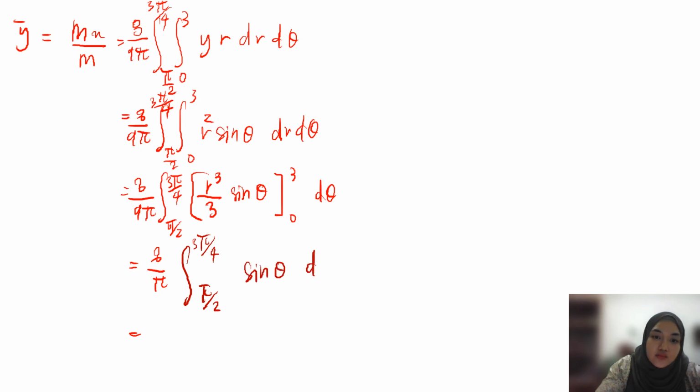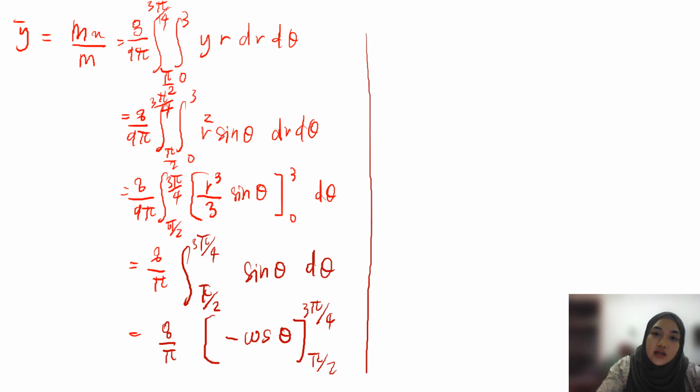Integrate sine theta with respect to theta. After that, you simplify, and that's why you get 8 over pi, negative cos theta, from pi over 2 to 3 pi over 4. Then you have to substitute the limits.